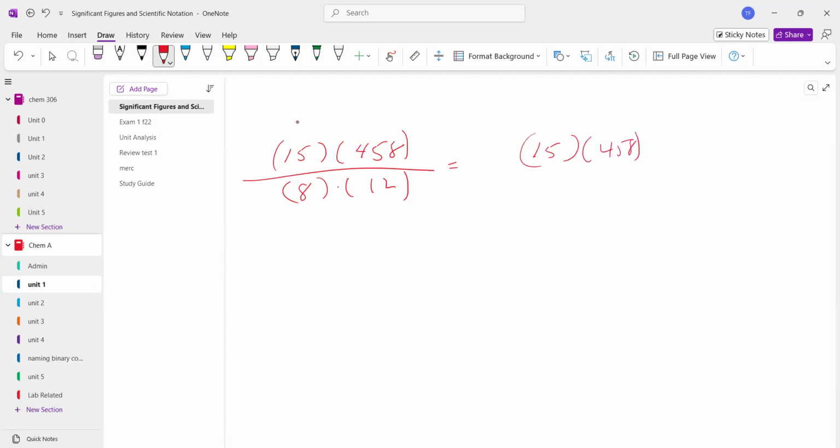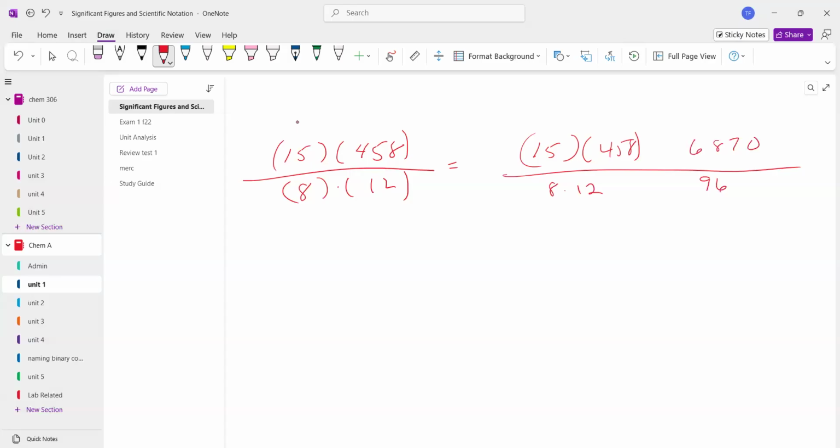15 times 458, and that's going to be 6870. 8 times 12 is 96.